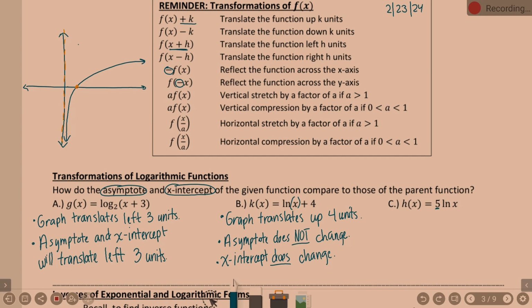That's the a value out front, and that means it's either a vertical stretch or compression. 5 we know is bigger than 1, so this is a vertical stretch by a factor of 5. The graph is vertically stretched by a factor of 5.